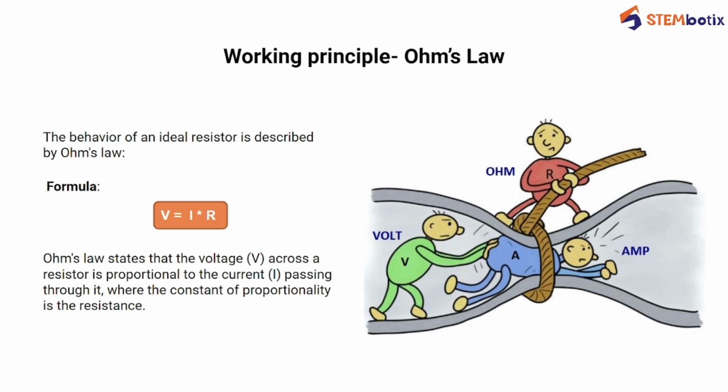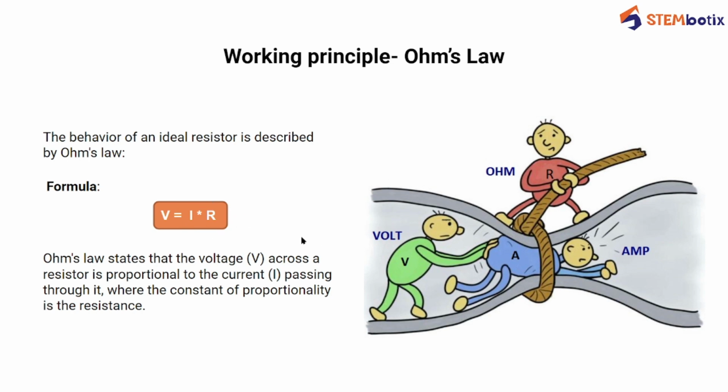The formula for Ohm's law is V equals I into R. So the voltage across any resistor equals the current flowing through that resistor times its resistance. Ohm's law states that the voltage V across a resistor is proportional to the current, where the constant of proportionality is the resistance.